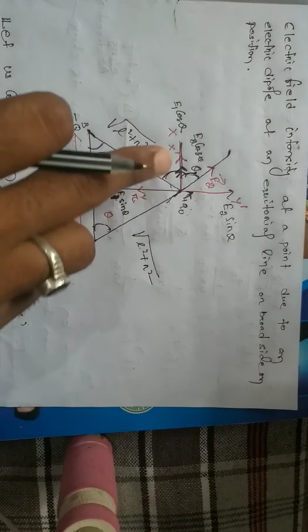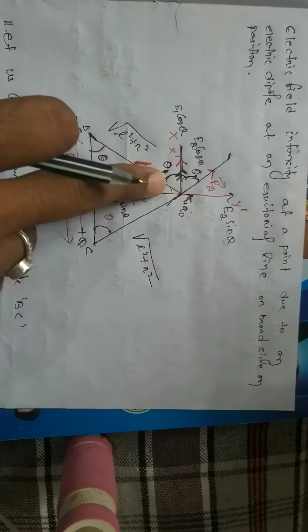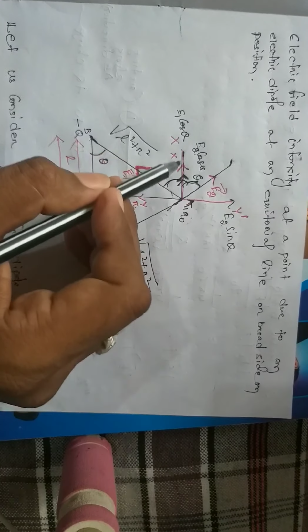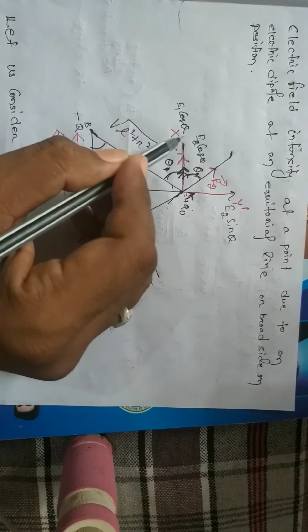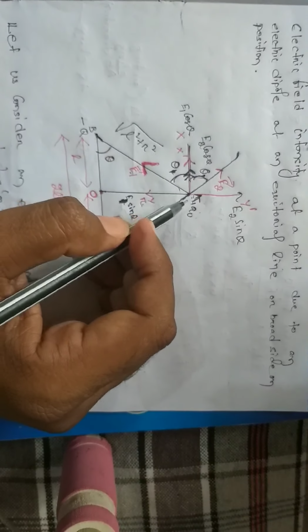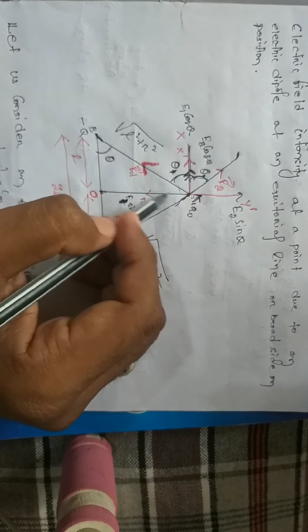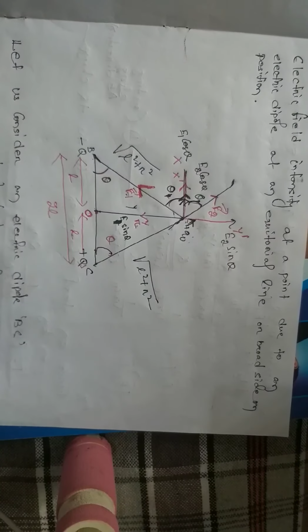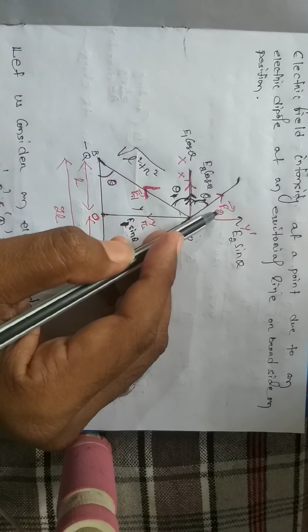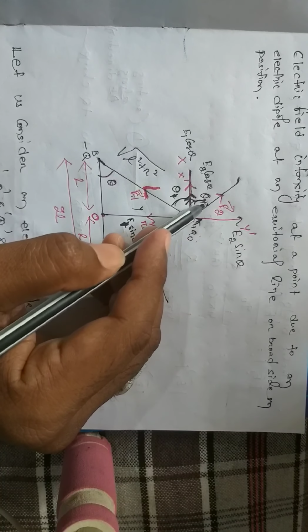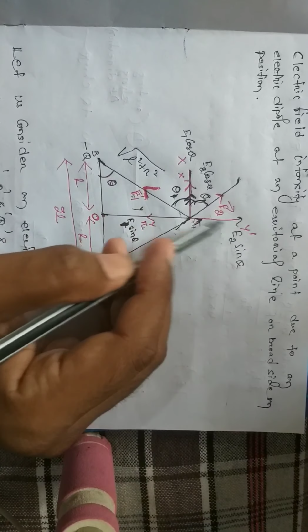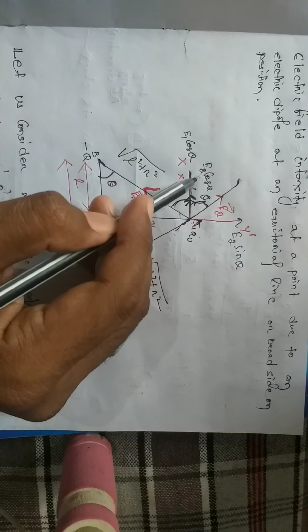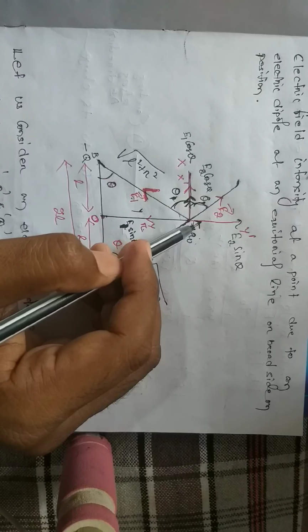Here the electric field intensity E1 is resolved into two components, E1 cos theta along the horizontal direction, along the AX direction, and E1 sin theta along the vertical AY direction. The same happens with E2: it is resolved into two components, E2 cos theta along the x prime axis, and E2 sin theta along the y prime axis.